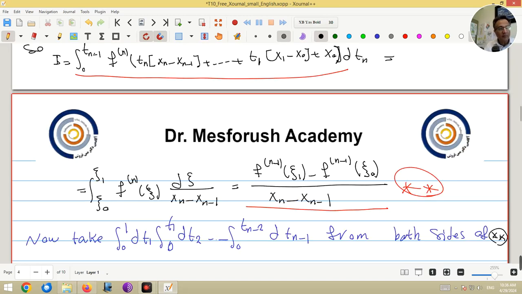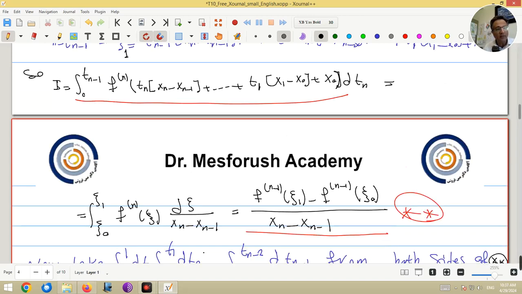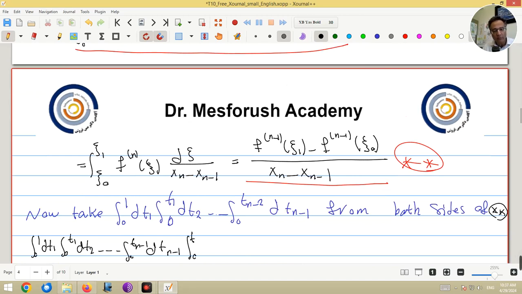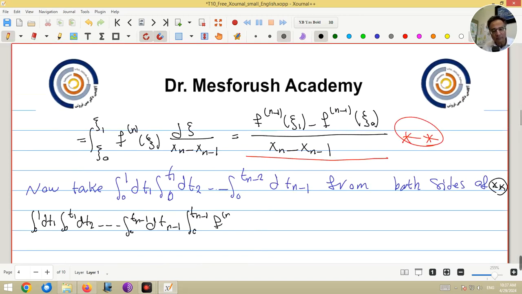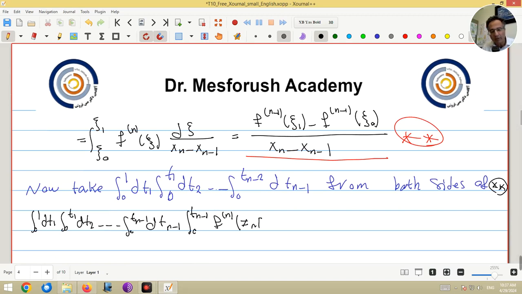What do we get? From the left hand side I get the integral 0 to 1 dt1, integral 0 to t1 dt2, up to 0 to tn minus 1 dtn minus 1, and finally 0 to tn minus 1, and the continuation: fn times tn xn minus xn minus 1, tn times xn minus 1, and it continues until t1 times x1 minus x0 plus x0, dtn. This is the left hand side, which is exactly the star.